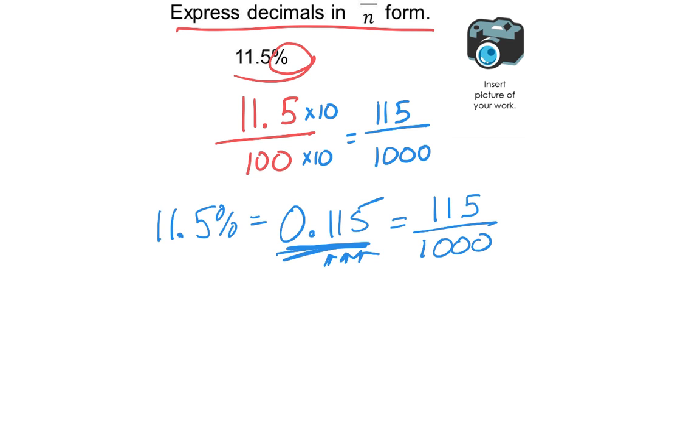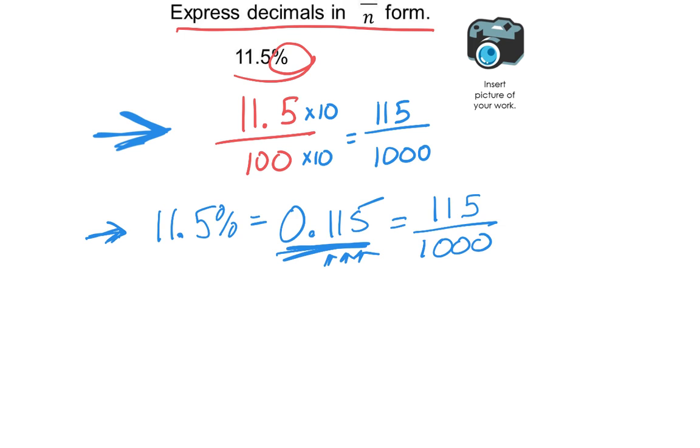Okay, so I ended up with the same thing. It's whichever way you can remember it. If you can remember to get rid of the decimal by multiplying numerator and denominator by 10, do it this way. If you can't remember that, but you can remember how to go from a percent to a decimal, remember you move your decimal 2 places to the left, do it that way.